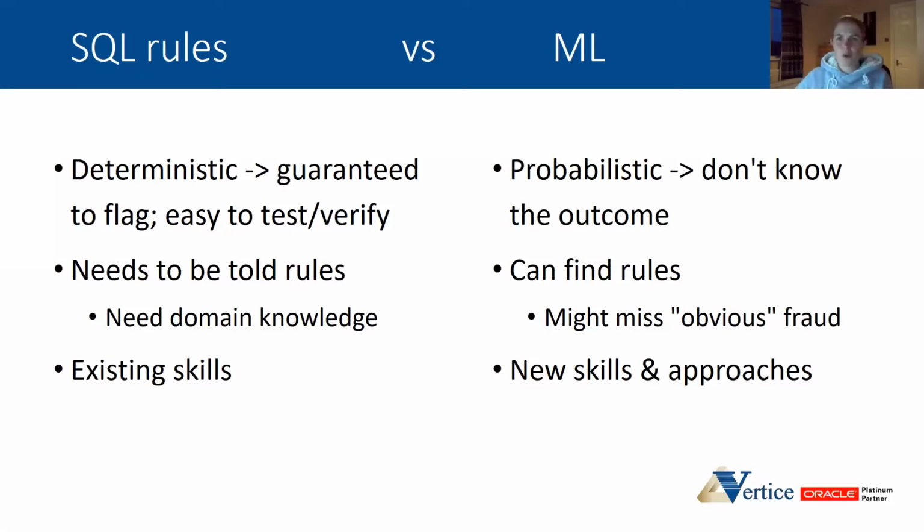What if it was 51 and 49? Is that a good enough split for you to accept that 51% means it is fraud? So these are the kind of stories and approaches you need to take through the business so that they understand what they're signing up for when they do machine learning.